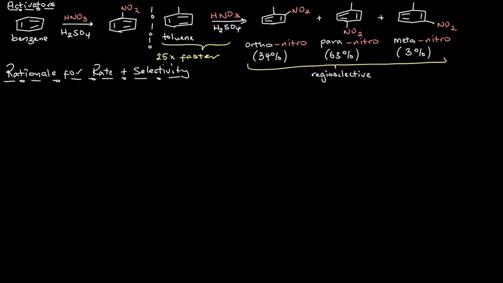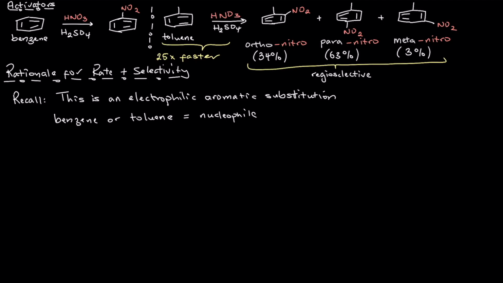Okay, so now let's consider the rationale for the rate and selectivity difference between benzene and toluene. So recall that this reaction is inherently an electrophilic aromatic substitution, where your benzene or your toluene group is your nucleophile in the reaction, and your HNO3, your nitric acid, is your electrophile in the reaction.